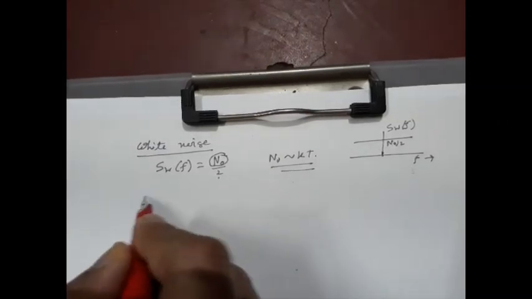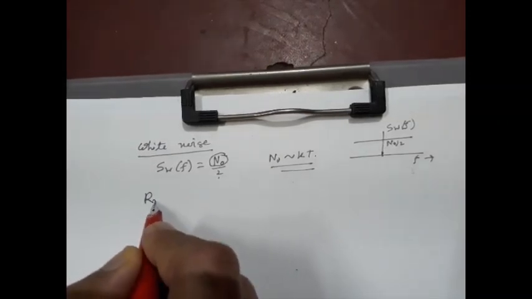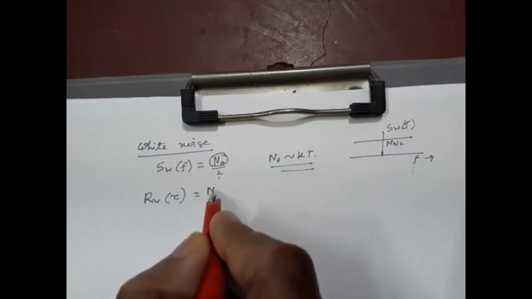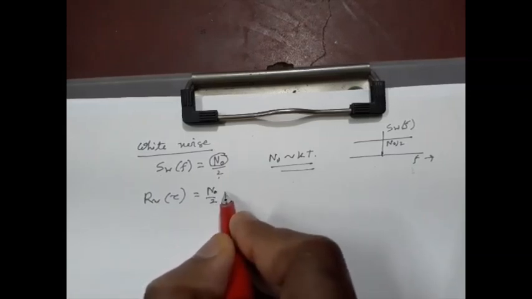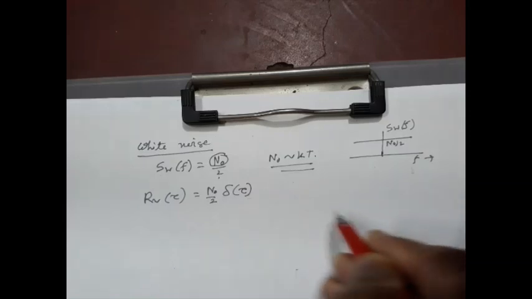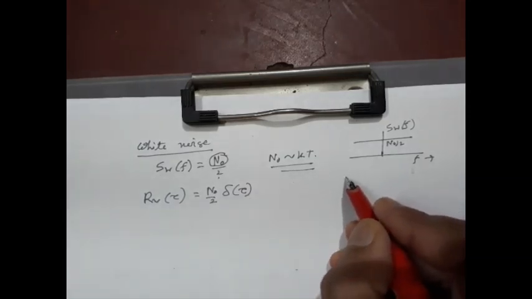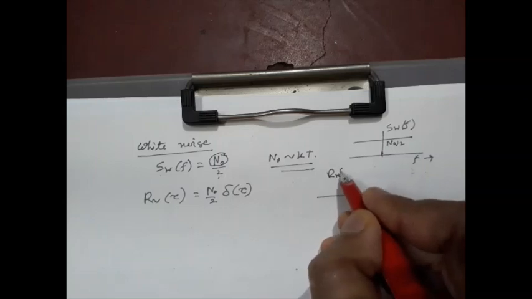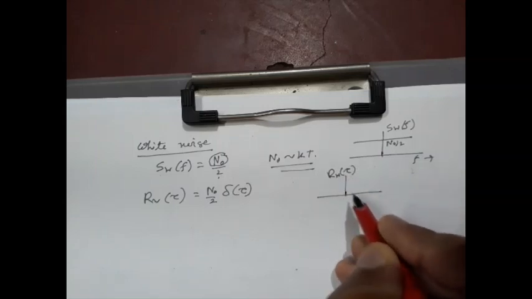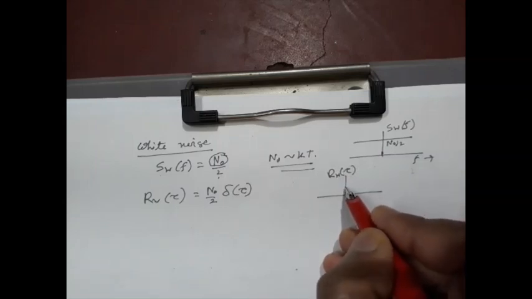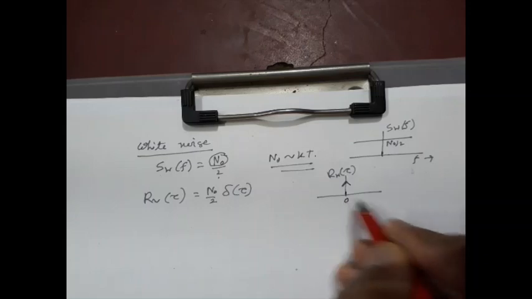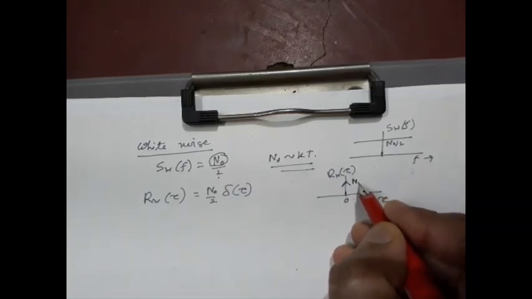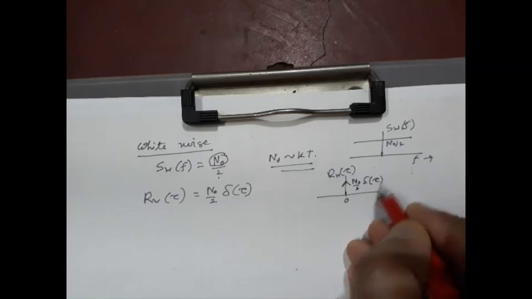The autocorrelation function of this noise process is n0 by 2 into delta tau.